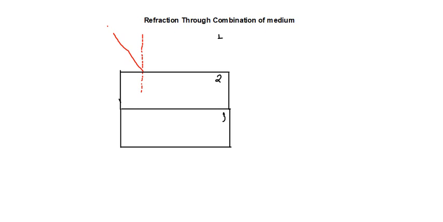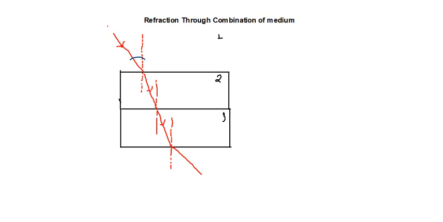Here it undergoes refraction, reaches the second interface between medium 2 and 3, and again undergoes refraction, reaches the third interface, and then again undergoes refraction and comes out parallel to the incident ray. Parallel to this one.